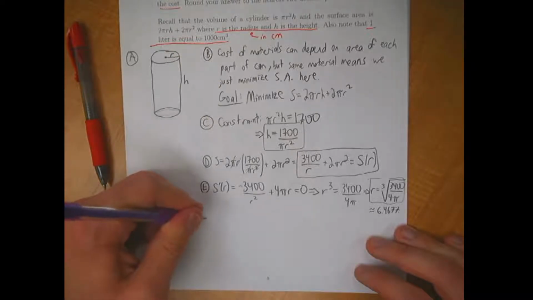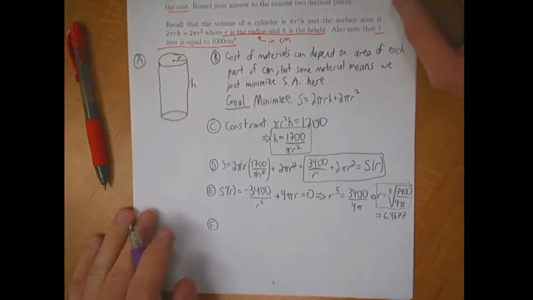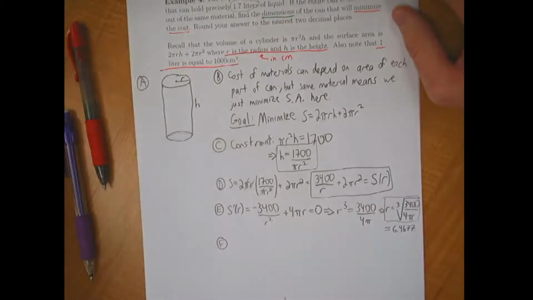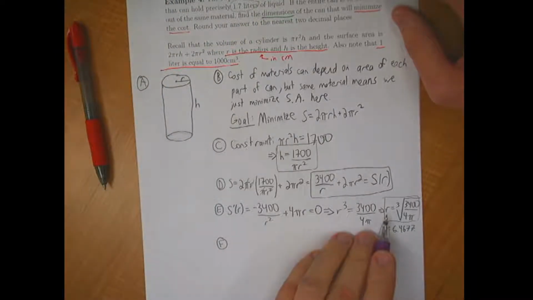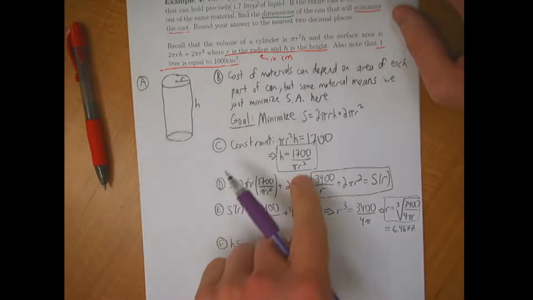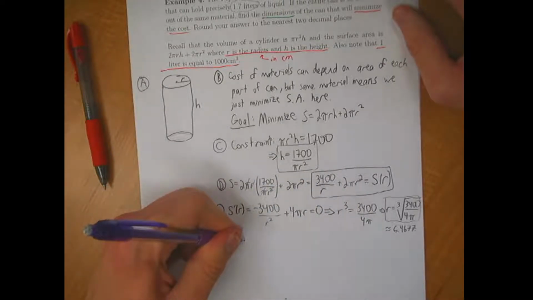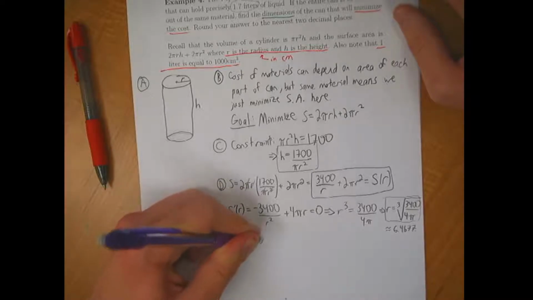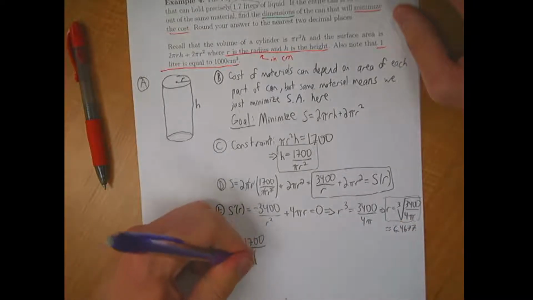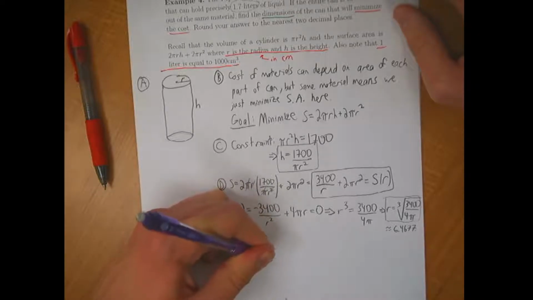So now part F says we just need to find whatever else we need to figure out. The good news is that we only care about the dimensions that minimize the surface area. Once we have r, we can plug that into our constraint for h to figure out the height. So we have 1700 over pi times r squared, where r is the cube root of 3400 over 4 pi.